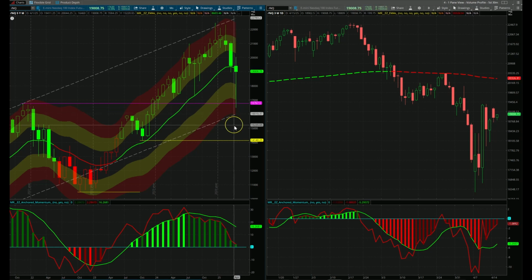And where's support? Well, support is the yellow line down here at 14 and change. And you have another support down here at 10 and change. Long, long way down. We shall see what we shall see.